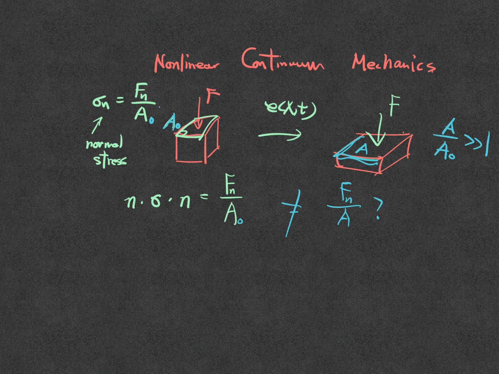Okay, let me continue. So these are the motivations, and then what we need to consider is that in general, I have a body, and I would assume that it's simply connected, meaning that if I have one point and another point, I can find a way to connect them without any issues.